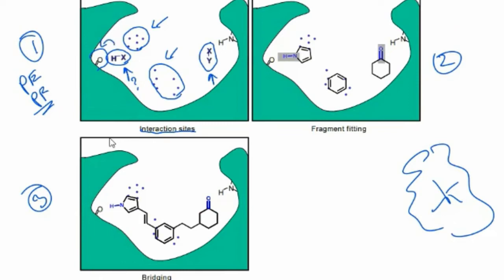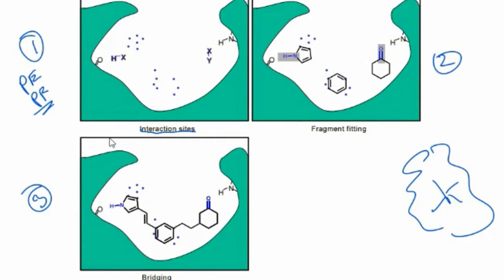Similarly, how does it know there should be a hydrogen bond acceptor here? That is because there is a hydrogen bond donor very close to that. So the drug molecule should contain a hydrogen bond acceptor at this position. Is that understandable? So this is what is called mapping the interaction site, the first step of the LUDI algorithm. Is that understandable?